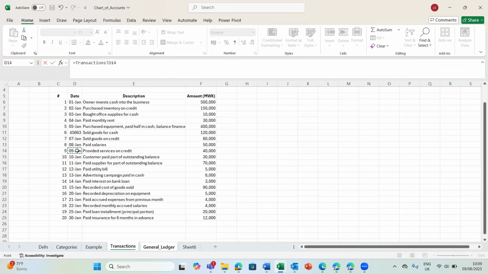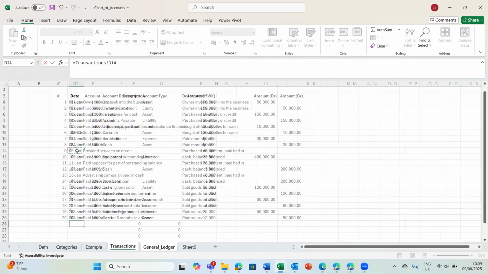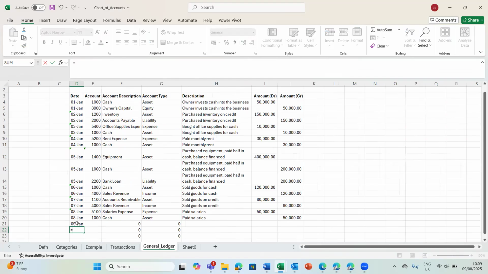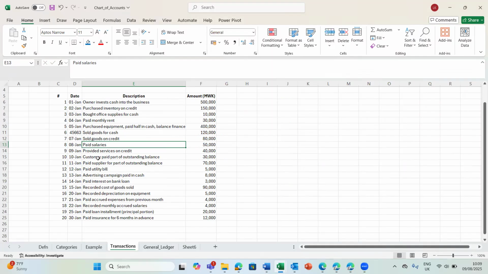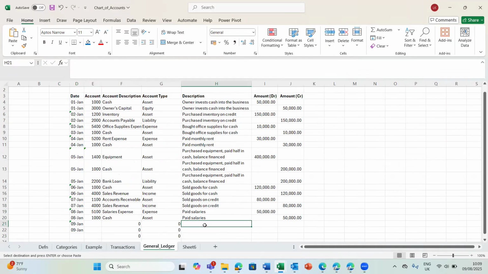Okay, let's go to the other date, which is on the 9th. What happened on the 9th? On the 9th, we provided services on credit. So if we provided services on credit, what are we saying?